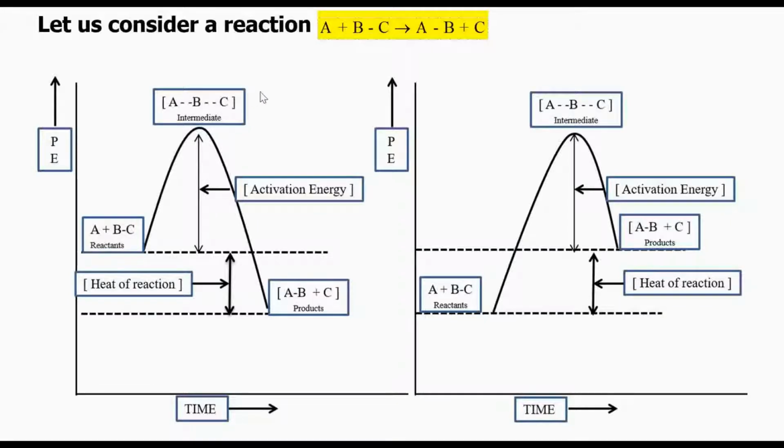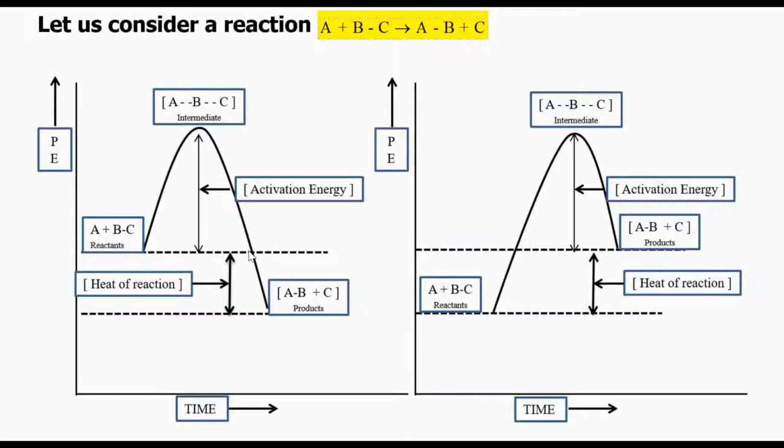Now once the reactants have reached the transition state and made the activated complex, it will start releasing energy and the path becomes simple and easy. So it will move downwards. The energy will decrease and the stability will increase.